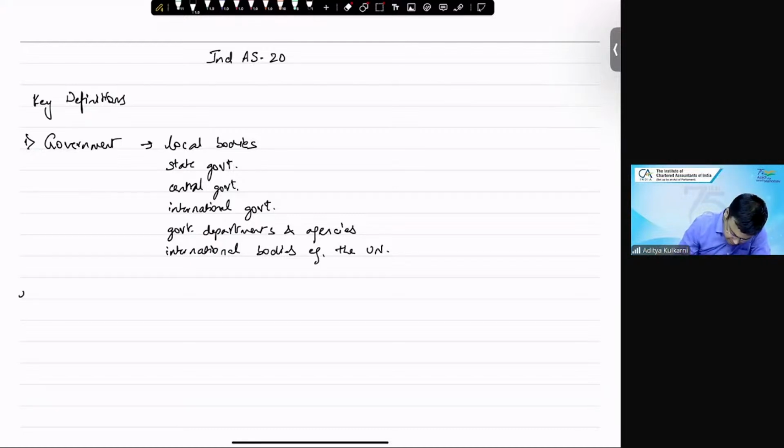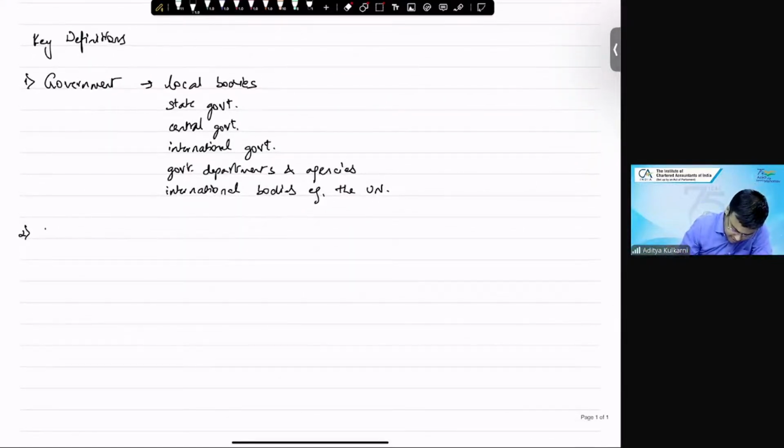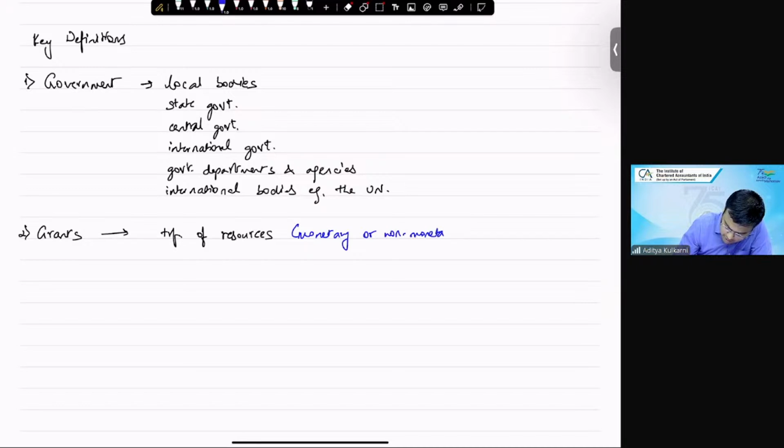Coming next, second one, you are having grants. What is grant? This is involving transfer of resources. Transfer of resources, monetary or non-monetary.